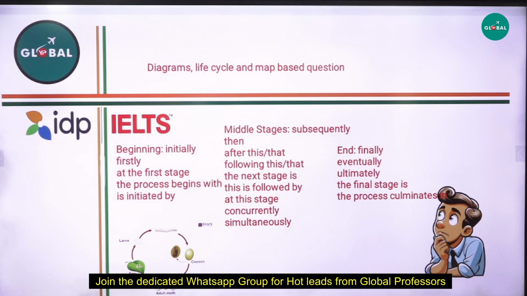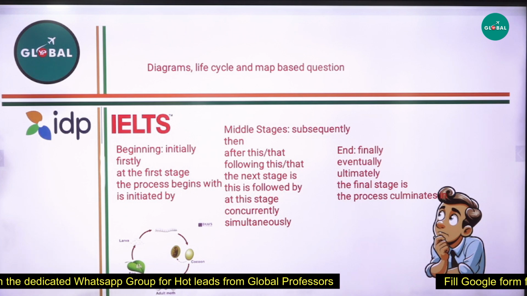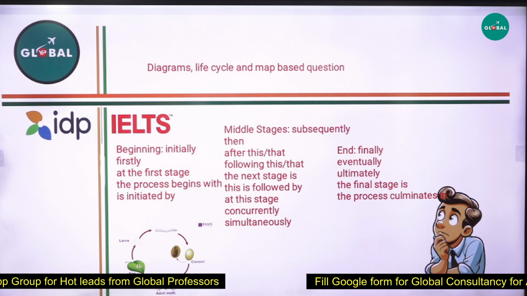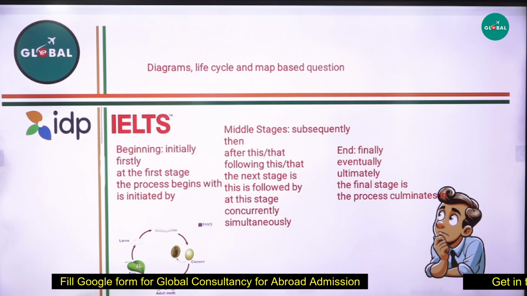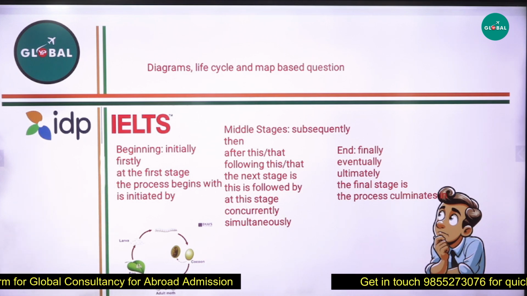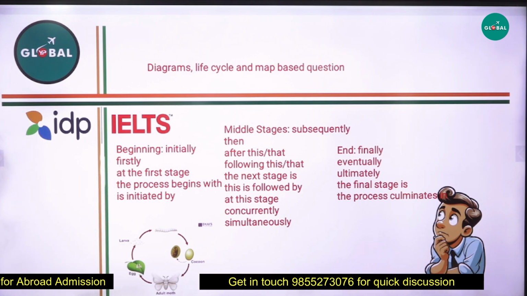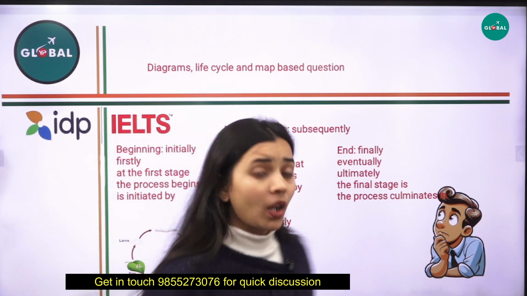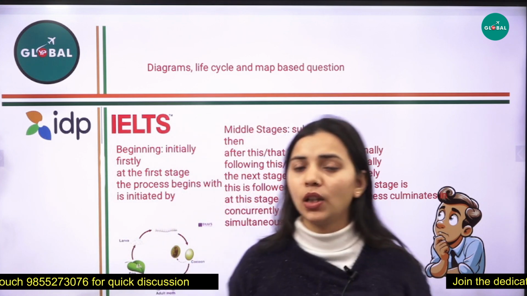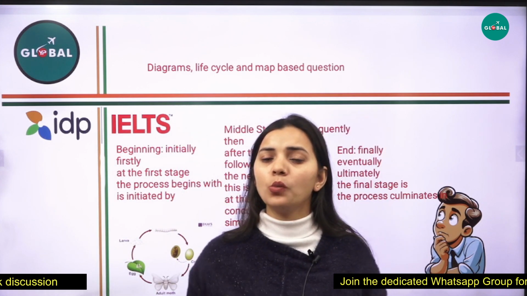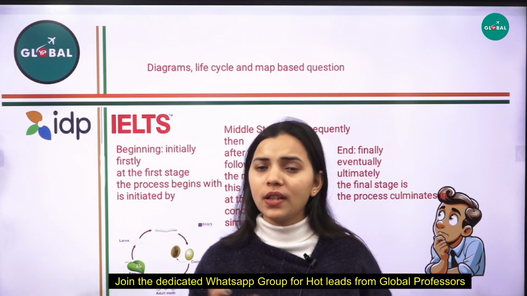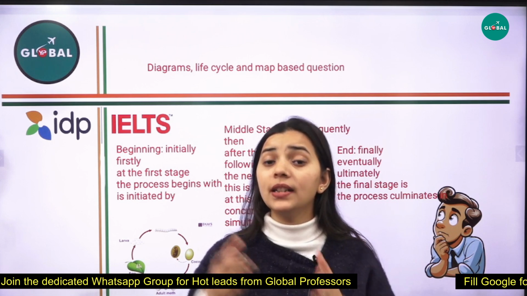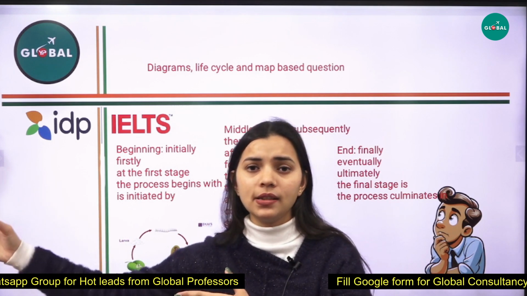So at that moment, what kind of vocabulary do we have to use? When we are writing in an initial manner, right? Initially, firstly, at the first stage, the process begins, by initiating. We always have to write in the overview or summary how many stages or steps there are. When you're writing the first sentence, the initial stage of the life cycle is whatever the answer is, right?